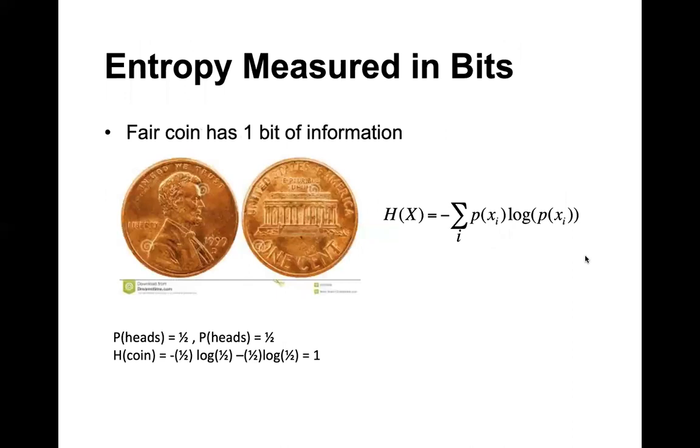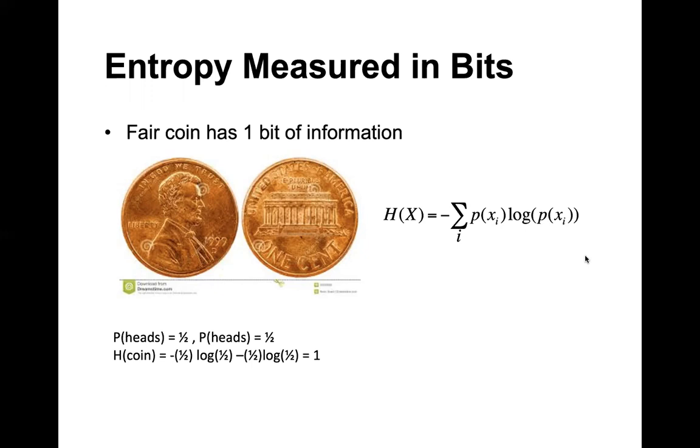Entropy is actually measurable as a quantity called bits. So for example, you might think of a fair coin as having 1 bit of information. This is the same bit that you talk about when you're looking at your computer and things you represent on the computer.